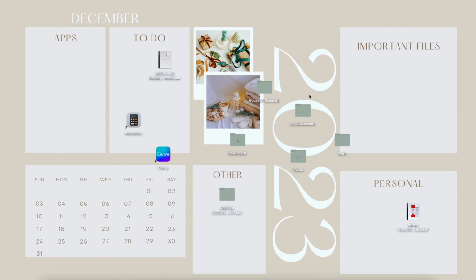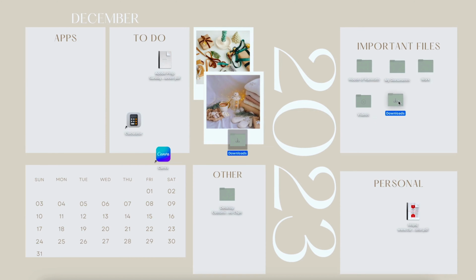Now I have my wallpaper, but my icons are all over the place. So we'll go ahead and organize this. Put my important files here. And the thing with it not being on Snap to Grid anymore, I keep calling it snap grid, but it's Snap to Grid, you have to pretty much try to get this centered yourself as best as you can.